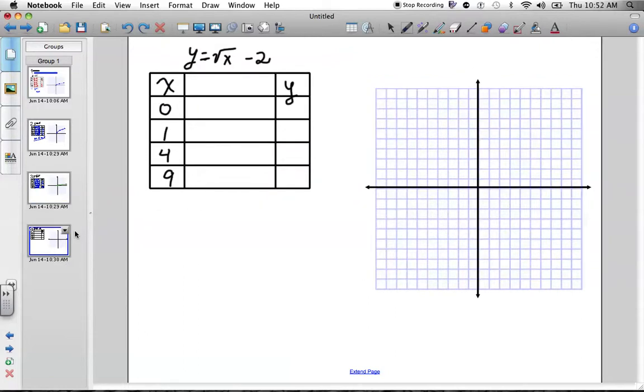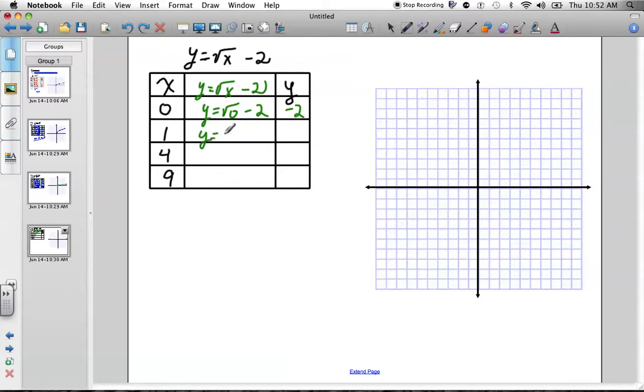Try this one on your own. You have to pause the video here and then come back and check. When you do this one, you have the square root of x now minus 2. And so when you plug in our x values, the square root of 0 is 0. 0 minus 2 is negative 2.